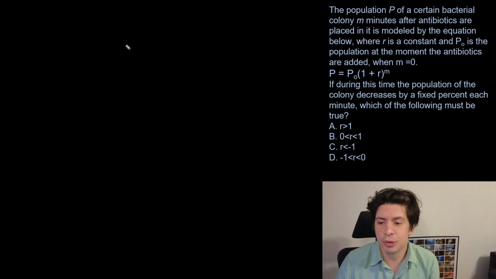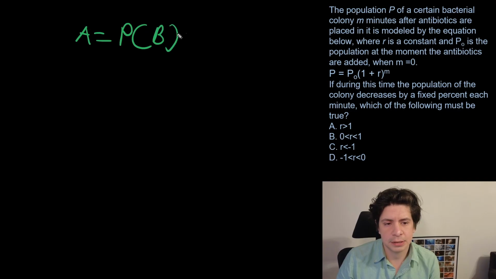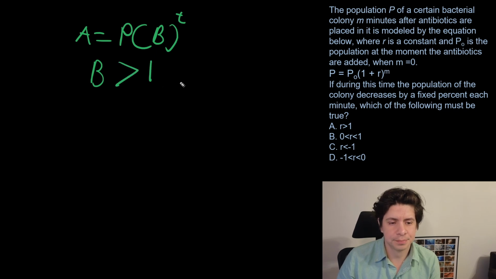So what you want to do on this one is think about how the difference in R will affect the whole thing. Whenever you have something that's bigger than 1, so let's say you have amount equals principal times base to the time. If base is greater than 1, then you're growing.